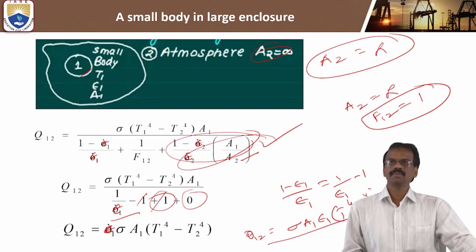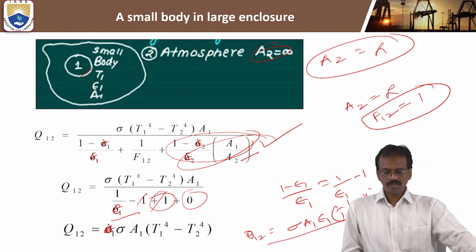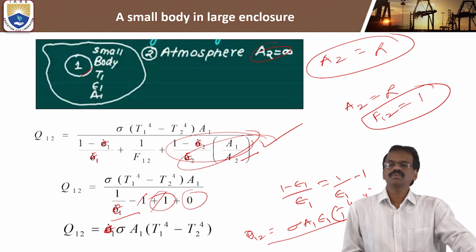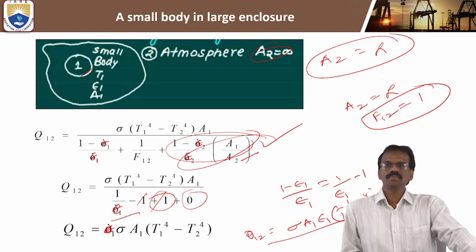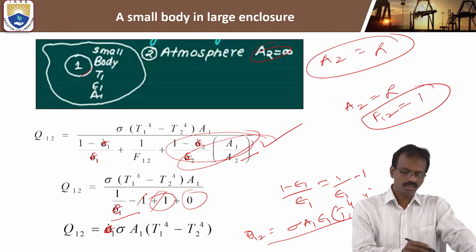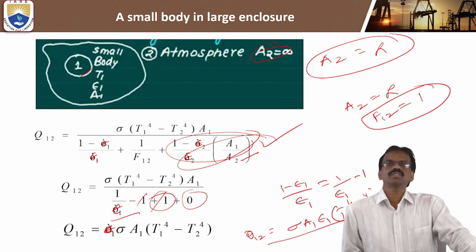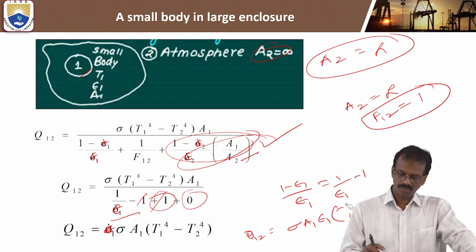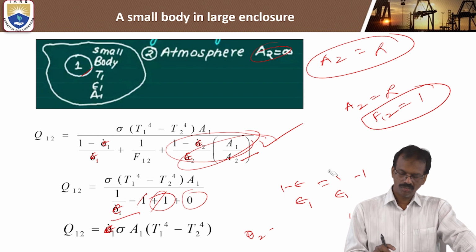Here sigma is the Stefan-Boltzmann constant, A1 is the small body area, epsilon 1 is the emissivity of the small body, T1 is the temperature of the small body, and T2 is the temperature of the enclosure, such as the atmosphere, or any big enclosure.